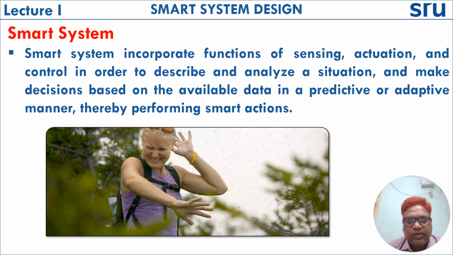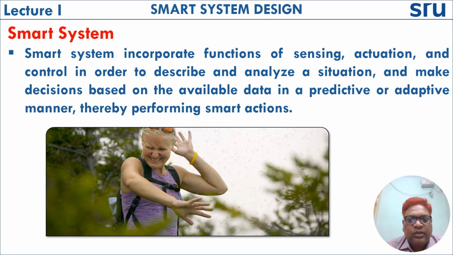With the help of these sensors, we can get the data. This data is received by your brain. Once your brain receives this information, it is processed and analyzed based on some memory and some intelligence.